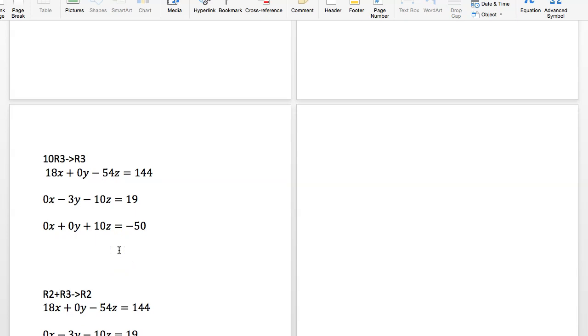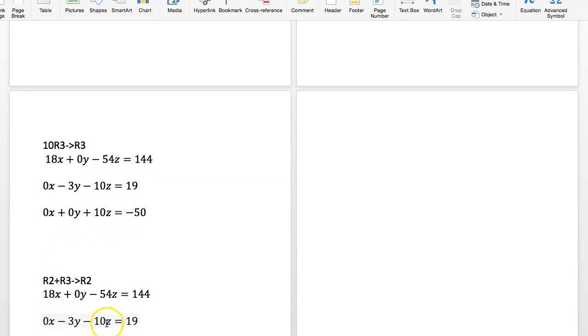So with that being said, I get what I want with this, my plus 0Z. It wouldn't really matter if I said minus 0Z. 0 is just 0. But anyway, I add the 2, stays put. This cancels, that's why we did it. Now, -50 and 19. What about it?